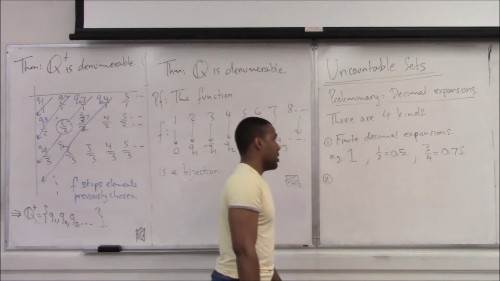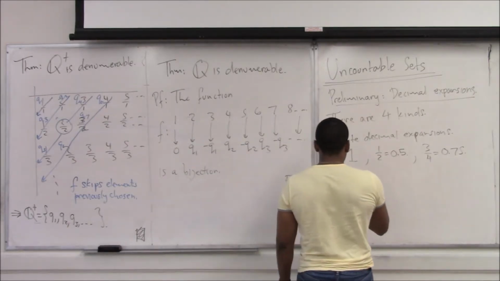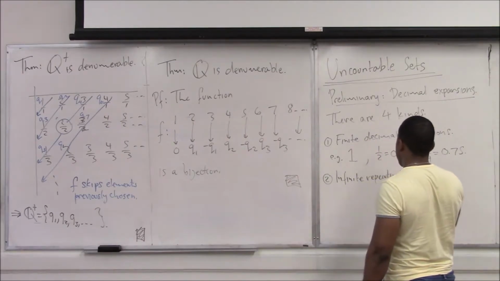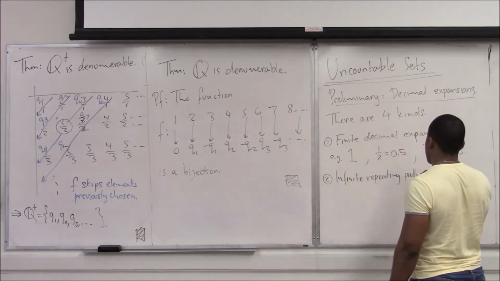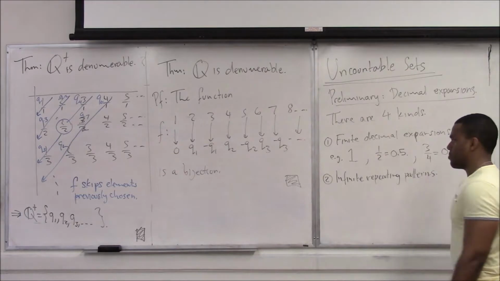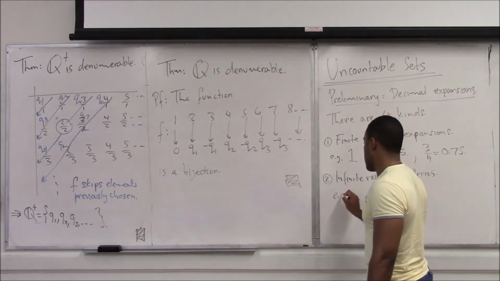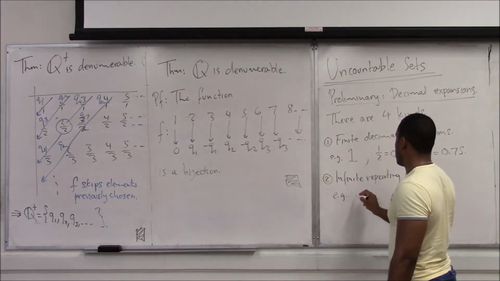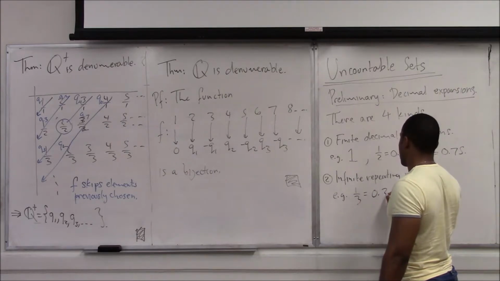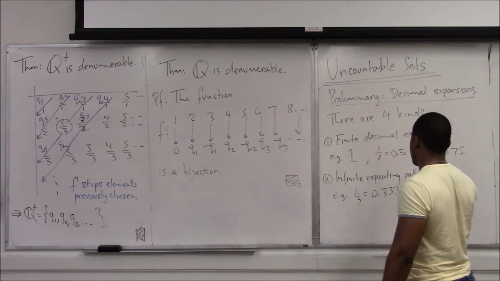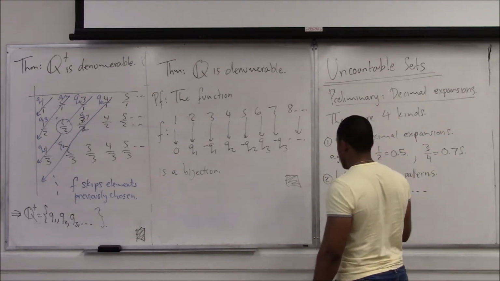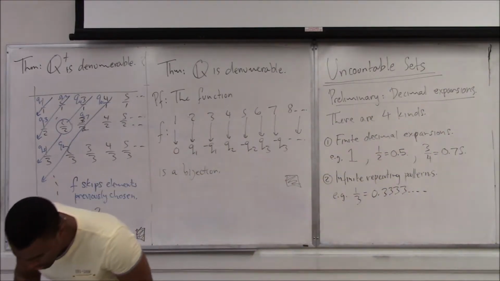Two, you can have infinite repeating patterns. So that's something like 1/3, which is 0.3, 3, 3, 3, repeating infinitely. And you can also have these with several digits as well.